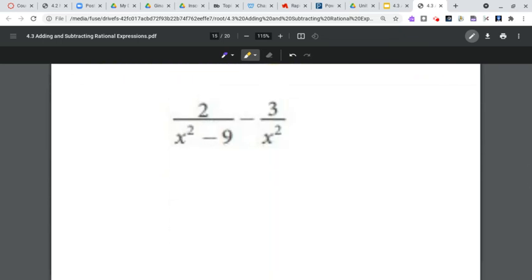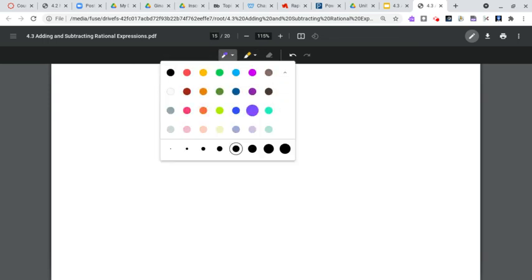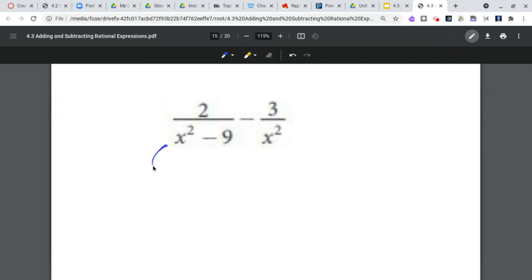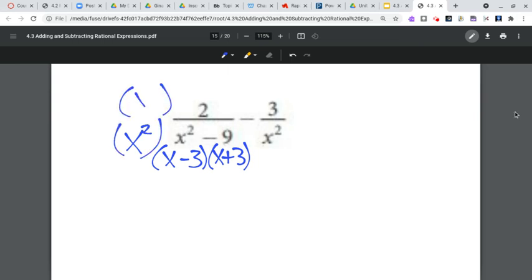Okay, next example. On the left-hand side, I am able to factor. It's a difference of two perfect squares, x minus 3 times x plus 3. On the right, I can't factor, it's just x squared. Knowing this, I know the left-hand side needs an x squared to be multiplied at the bottom and the top for the least common denominator.